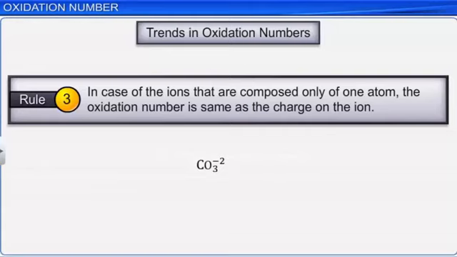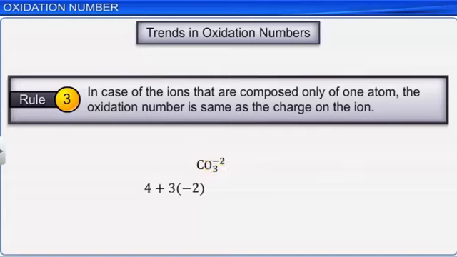For example, in the carbonate ion, the algebraic sum of the oxidation numbers of the 3 oxygen atoms and 1 carbon atom is -2. The oxidation number of carbon is +4 and oxidation number of oxygen is -2.